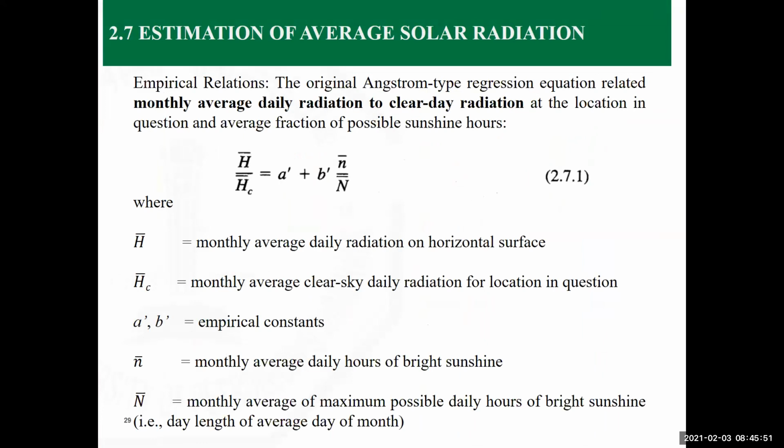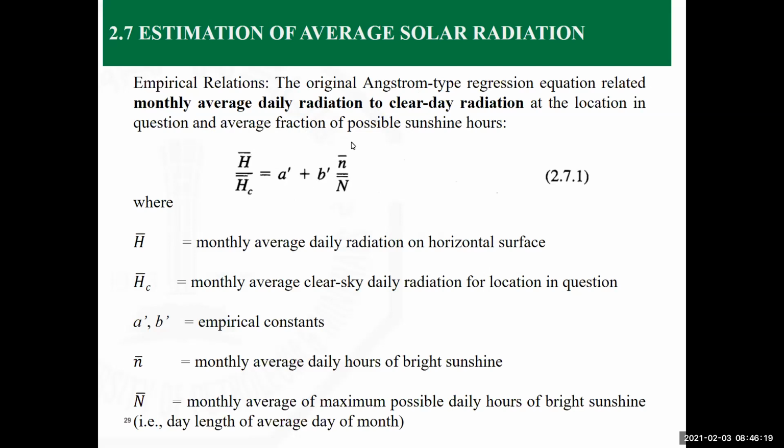What we are looking at here is probably where we almost stopped last time. We're looking at this equation, an empirical equation, which is referred to as the Angstrom-type regression equation. We can use this for estimating the monthly average daily radiation ratio to a clear sky radiation, so monthly average over clear sky radiation, and it's given here in terms of a couple of empirical constants.